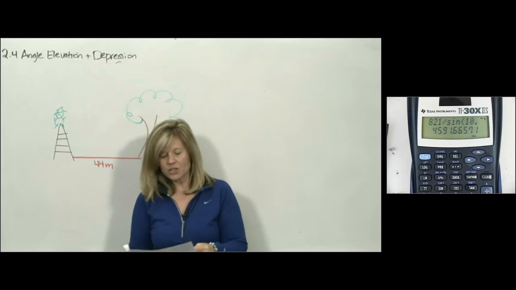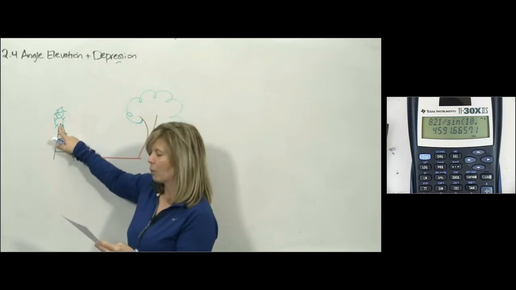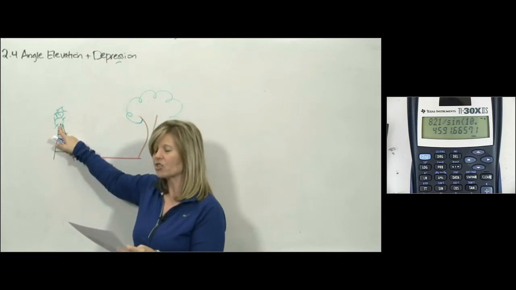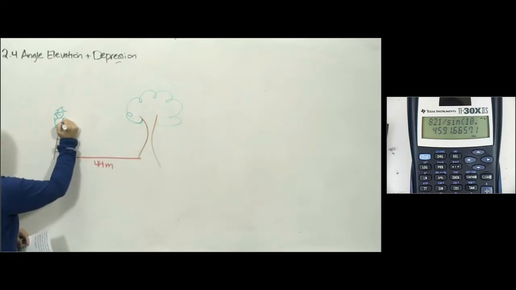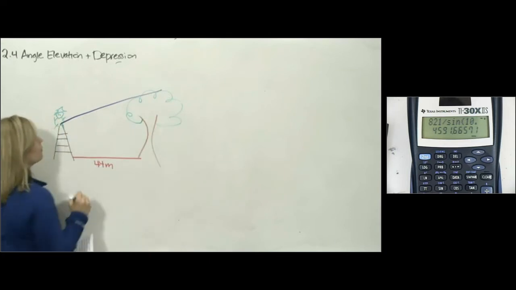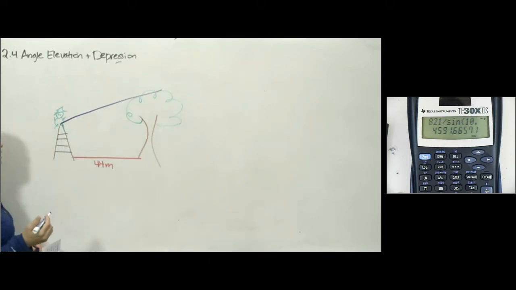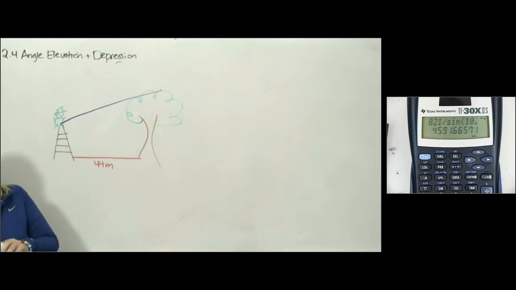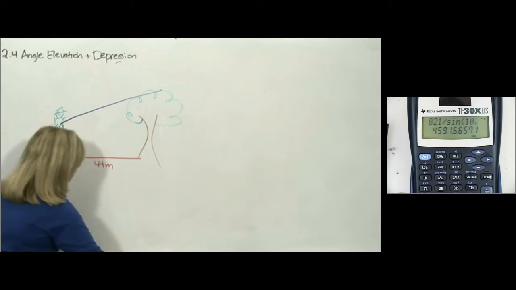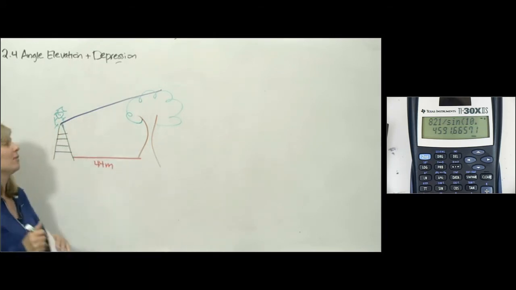So now it says from the top of the tower, the angle of elevation to the top of the tree. So that tells you the park ranger is from here looking up to here. And an angle of elevation, the definition has said it's made by your line of sight and the ground. Well, the park ranger is not obviously on the ground, but we can draw the technical ground in.